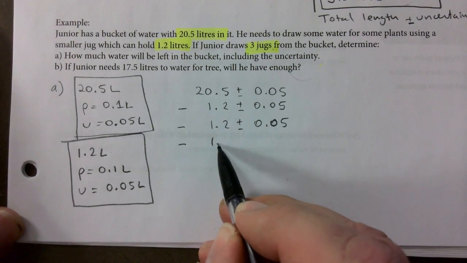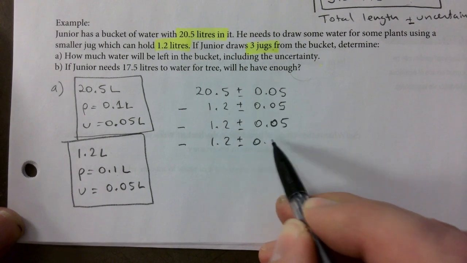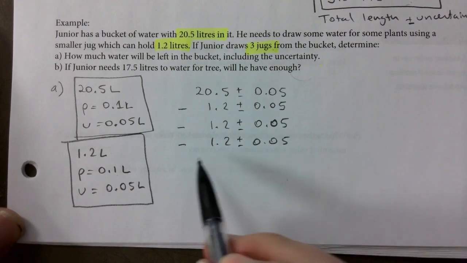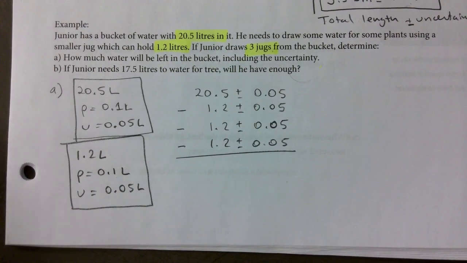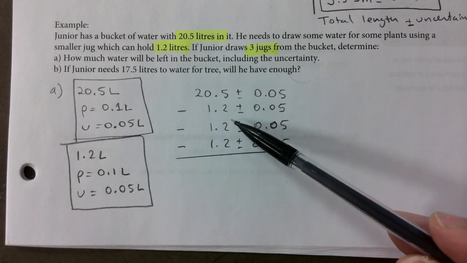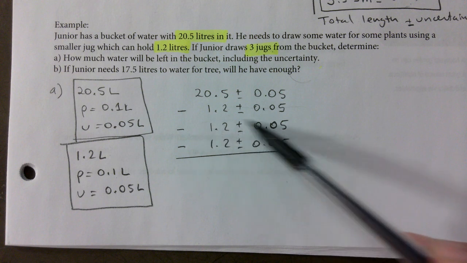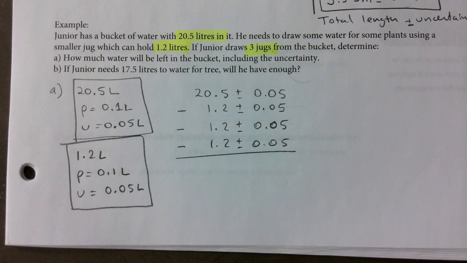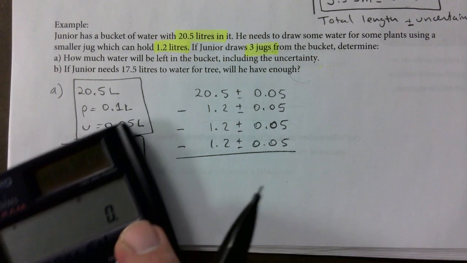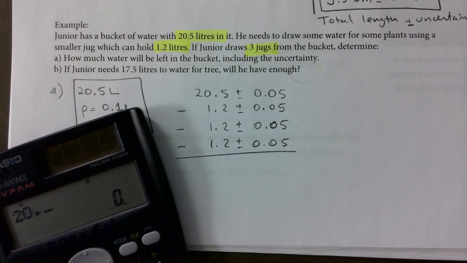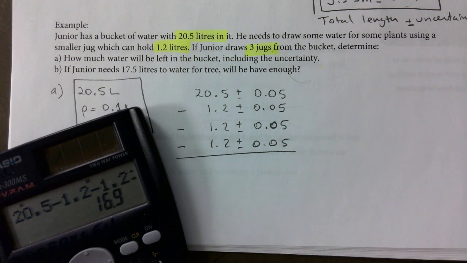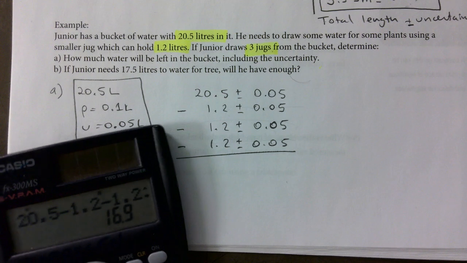And the third jug. So 3 things are happening here, 3 repetitions. It happens to be the exact same amount. So you go 20.5 minus 1.2 minus 1.2 minus 1.2, or 3.6. Some of you already figured that. 16.9.